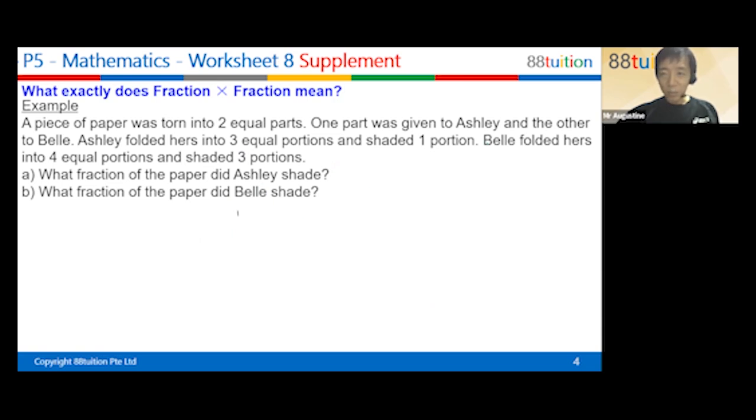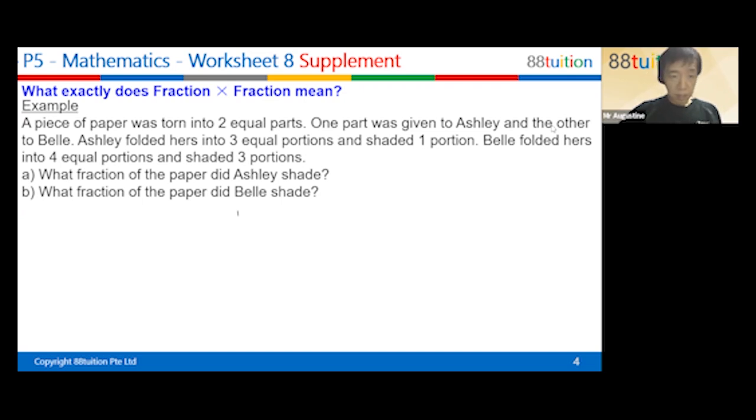Now let's check out what it means. Since we have looked at quite a bit of fractions multiplied by fractions and multiplied by whole numbers, it is also important to know exactly why we multiply that way. So we have this example here to help us understand better, just in case you're not absolutely sure about it.